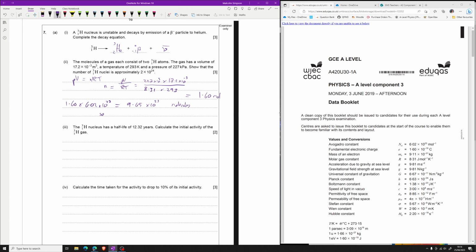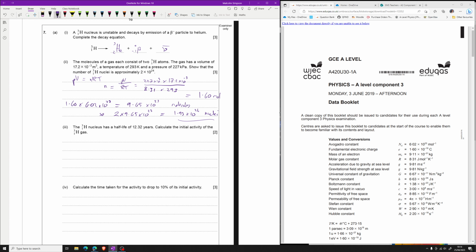So there are twice that many. Double that as our number of actual nuclei. Okay. I thought for a second I'd gone horribly wrong. Good thing that's a show that. Otherwise, I think I'd have just left it and gone, yeah, it's that.